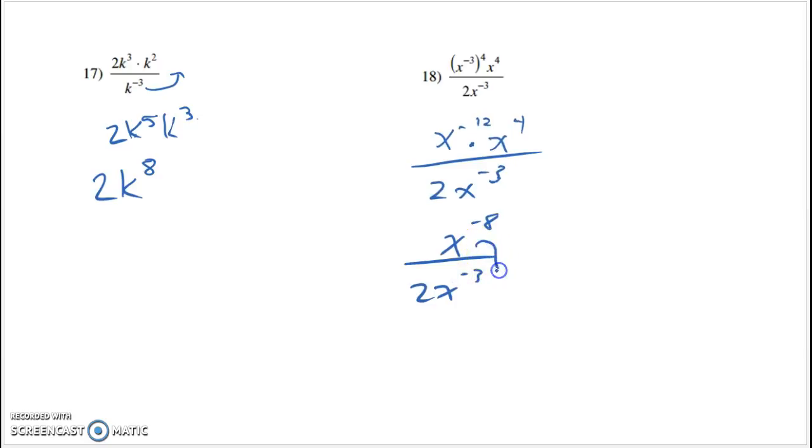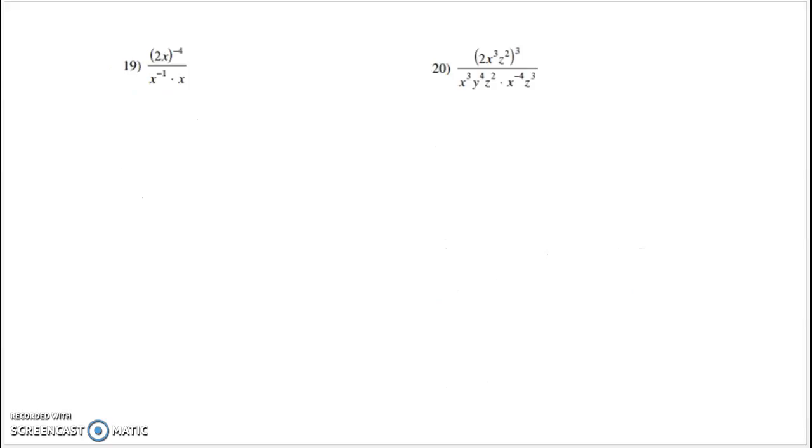Well, now I'm going to bring this down and make it positive. We've got a 1 at the top, so 2x to the negative 3, x to the 8, and I've got 1 over, now when you multiply exponents, just add them, negative 3 plus 8 is 5, so 2x to the 5.